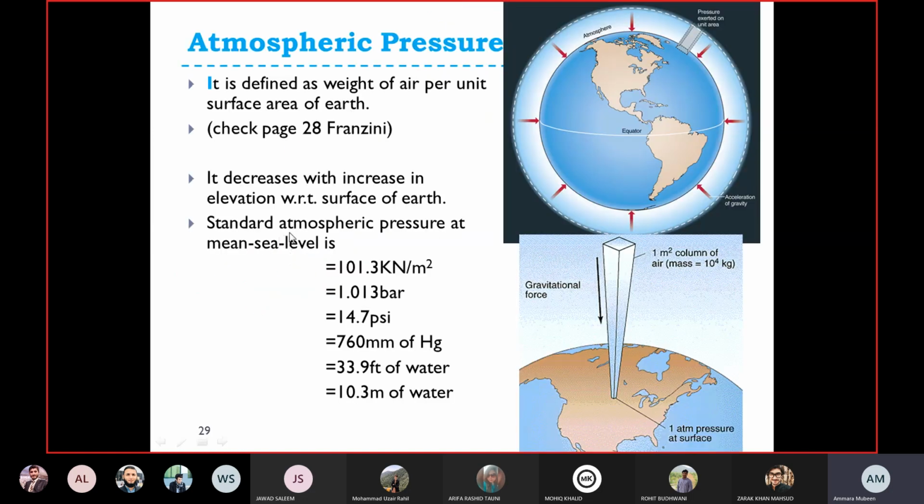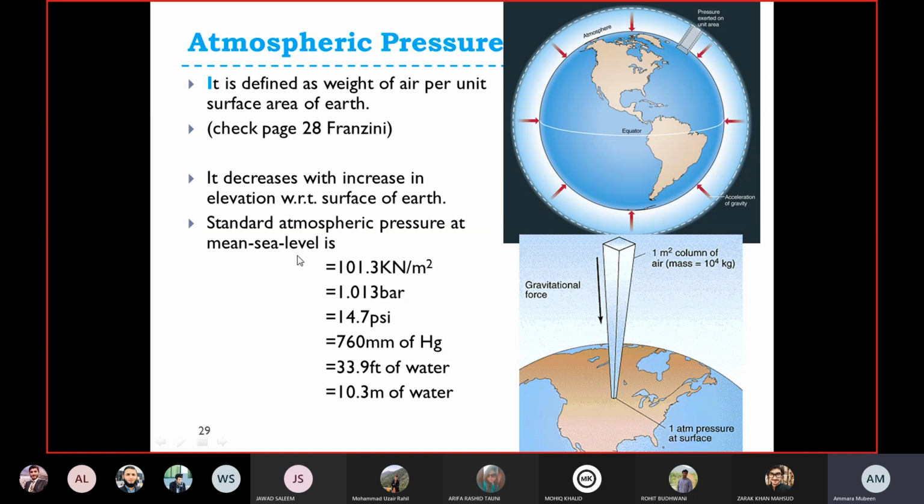So after this, discuss atmospheric pressure. What is atmospheric pressure? It is defined as the weight of air per unit surface area of the earth. It decreases with increase in elevation with respect to the surface of the earth.